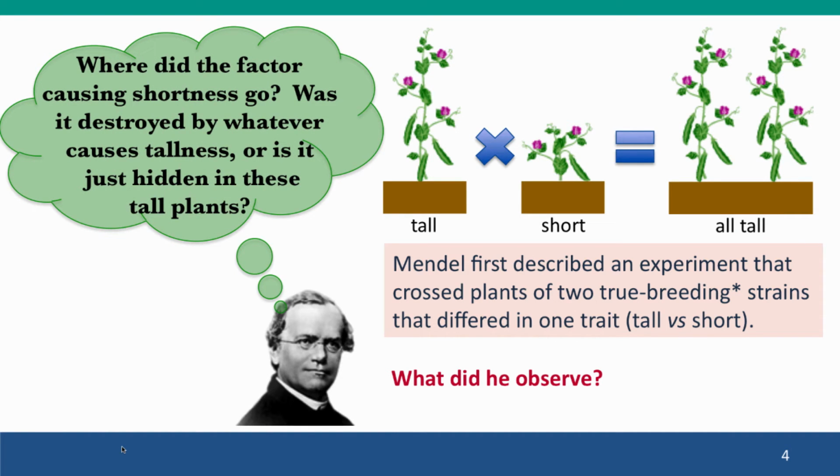This was a surprising result, and Mendel asked himself, what happened to whatever it was in the short plants that caused them to be short? Was it destroyed in the cross, or was it just hidden in these tall plants?